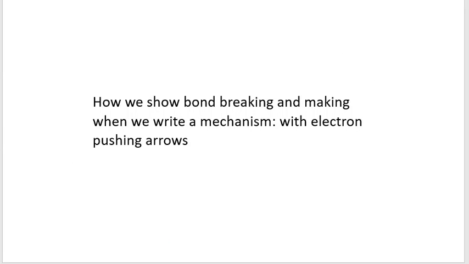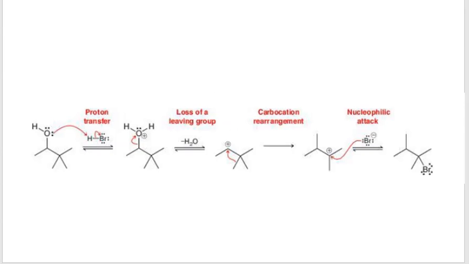So when we write our mechanisms, we write mechanisms to show bond breaking and bond making between those nucleophiles and electrophiles. If we just look at the directions that the arrows are going in all of these examples, you'll see that they go from the more electron-rich site, like a lone pair on the bromide, to someplace that is electron poor.